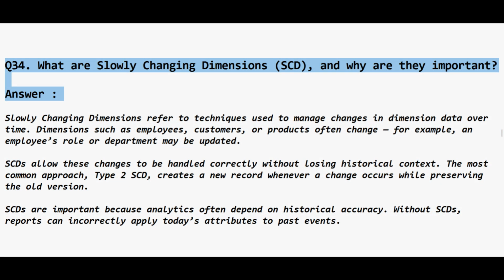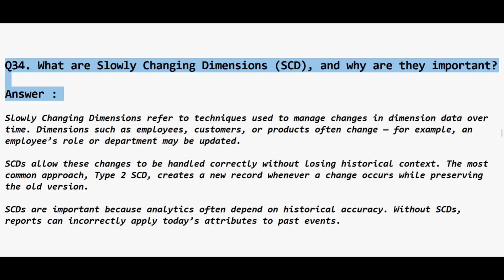Question 34. What are slowly changing dimensions, SCD, and why are they important? Answer. Slowly changing dimensions refer to techniques used to manage changes in dimension data over time. Dimensions such as employees, customers, or products often change. For example, an employee's role or department may be updated.